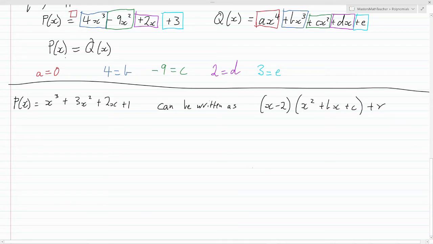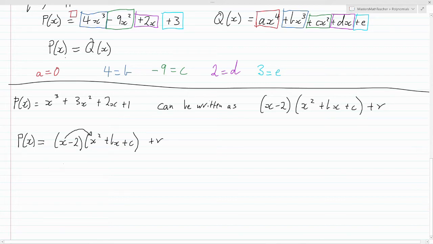So that means that P of x equals this whole thing. Now currently we actually cannot just equate the coefficients yet, because it's not in the exact same form as our P of x was. So what we have to do first is expand it.